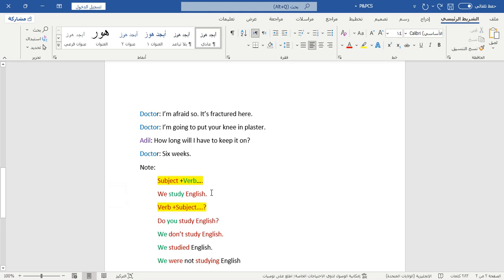Look carefully at this sentence. We study English. Does the sentence have do? Who can answer me, yes or no? It's not clear. It's inside this word. How can I know that? Because study is in the present simple tense.